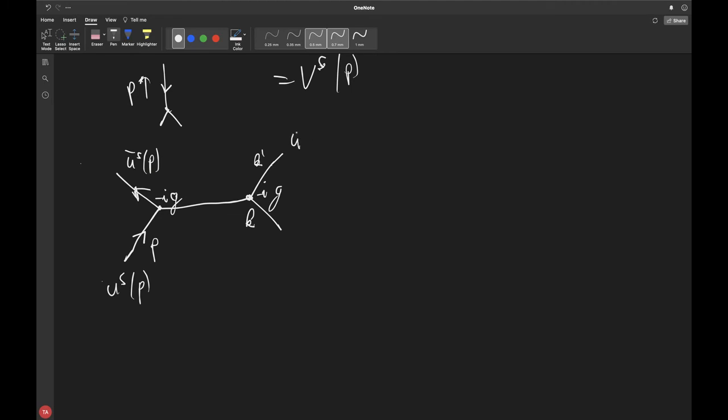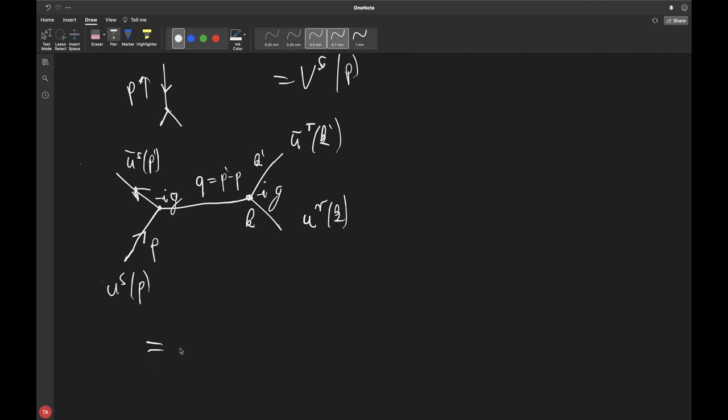So this is going to be described with u_s of k prime, and this is going to be u_s of k. Actually, the spin doesn't have to be the same, so let's denote the spin with r in this second case. And one more thing which you need to label is that this momentum here, q, is going to be the same as the difference between p and p prime.